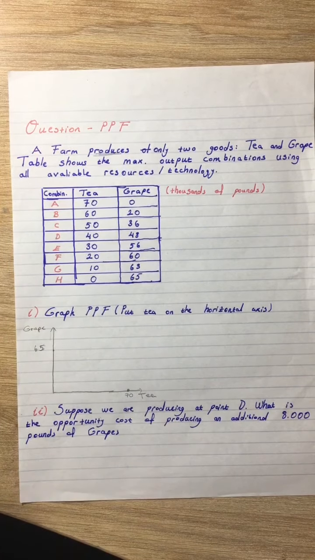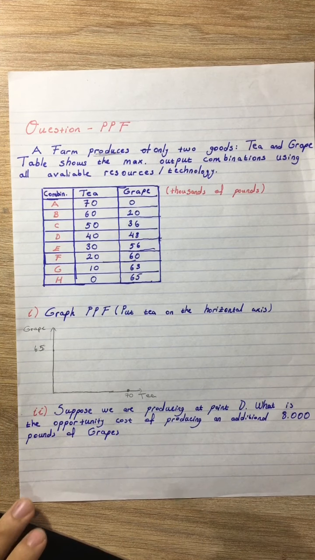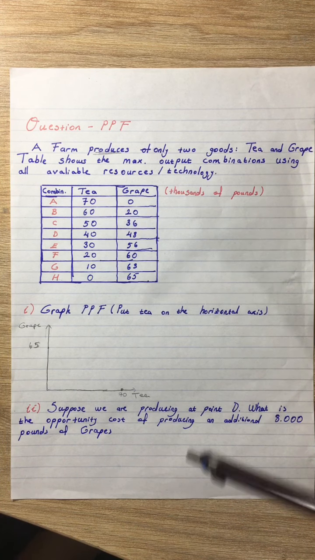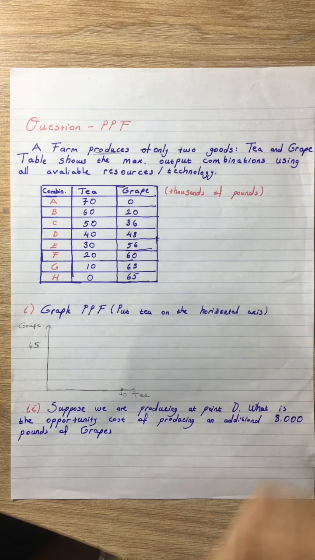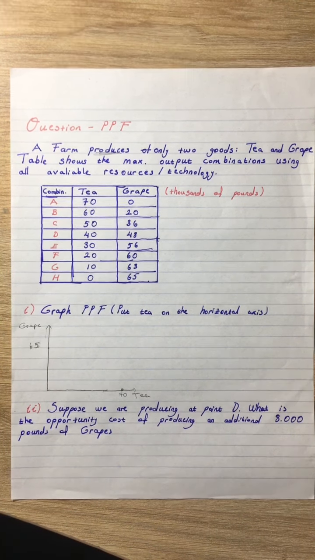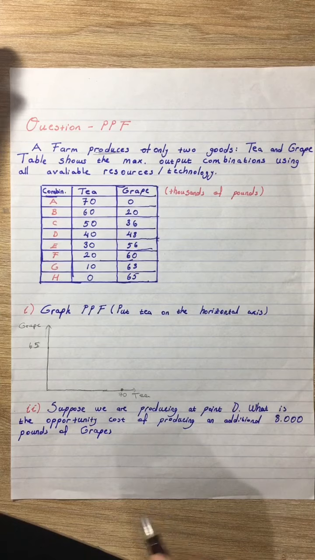And let's find different points because it's not a budget constraint and its slope is not always constant, so we cannot just connect these points. We must find different points so we can grasp the shape of the PPF.